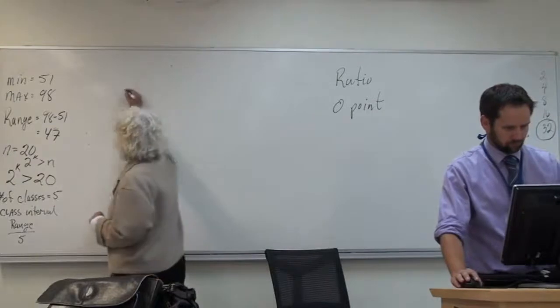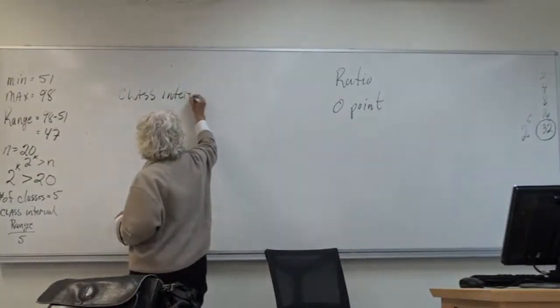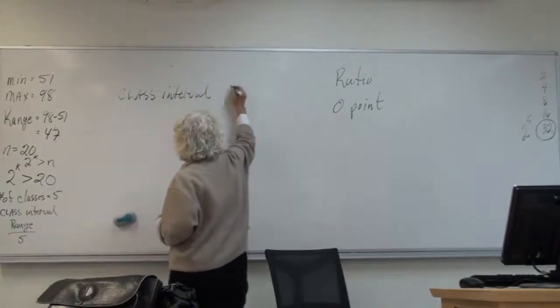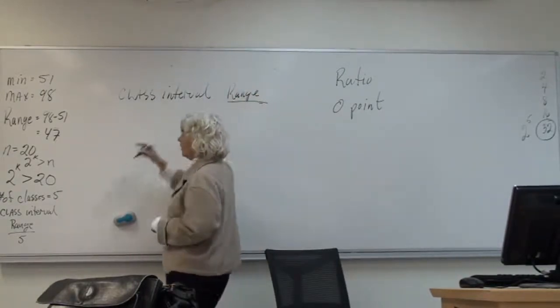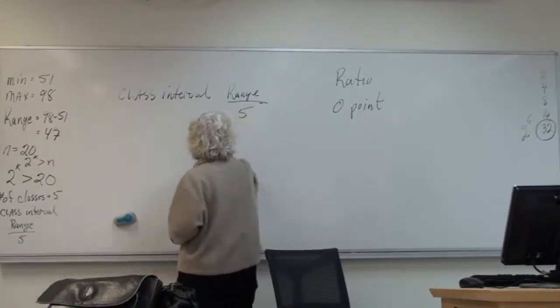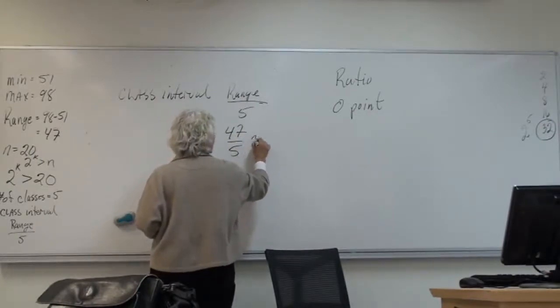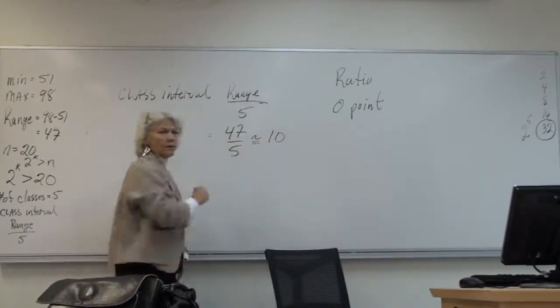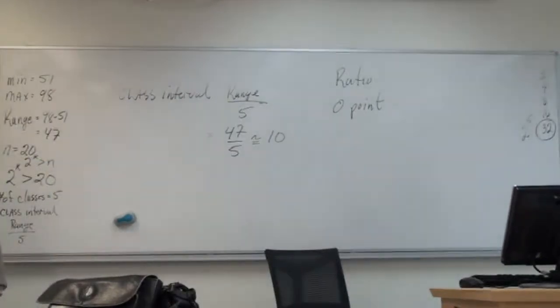So here, our class interval is going to be the range divided by the value that we've got here, the 2 to the k value. So in our case, 5. So we're saying that's 47 divided by 5. I'm going to put an approximately equal to 10. I'm not going to try to do this at 9.6 or whatever it is.